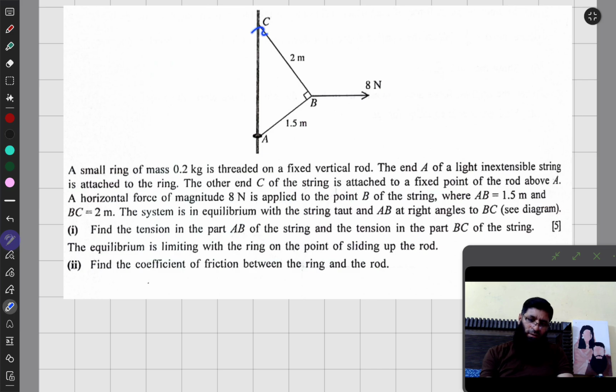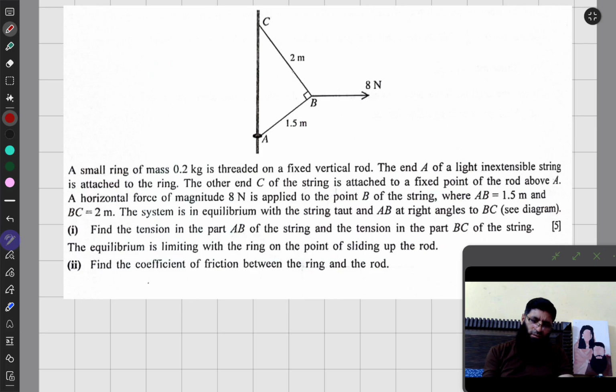Now basically the string was vertical like this, A, B and C, but from this point you have a force towards the right side, and if you apply the force, the string will become in this shape. Now find the tension in the part AB, and in the part BC. So first of all you can find the angles.